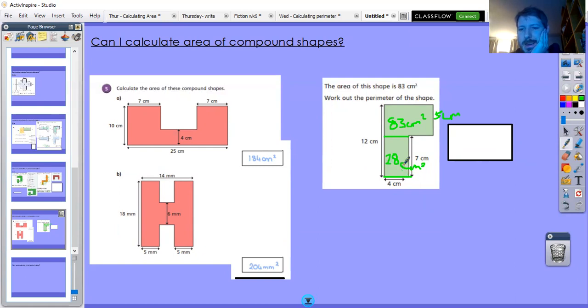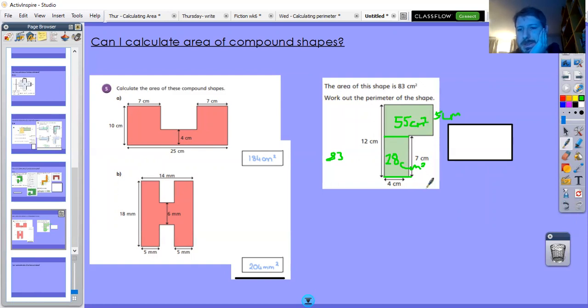So why is that important? Because that then allows us to work out the area of this part here. The total is 83. We know the total shape is 83, but then we can work out what this area is by doing 83 take away the 28 centimeters squared. So 83 take away 28 is 55 centimeters squared. So this area here is 55 centimeters squared.